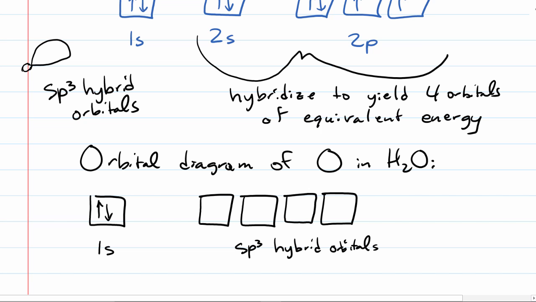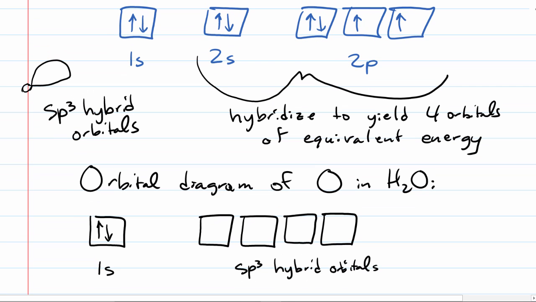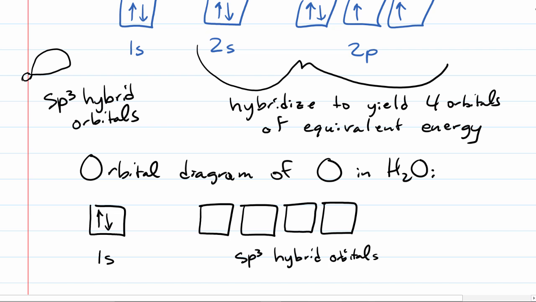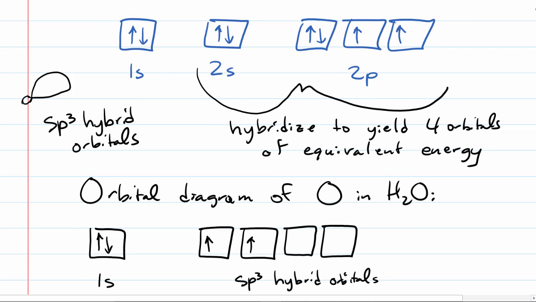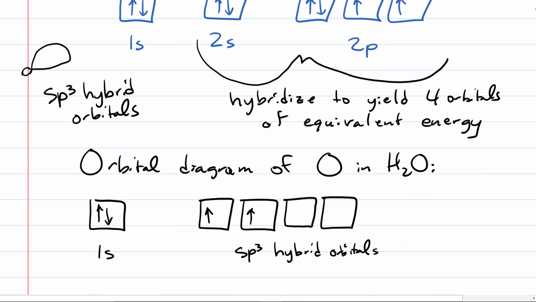But now, if we want to show what happens in oxygen, we're going to show 1. Remember now, oxygen has how many valence electrons? It has 6. So we put in 1, 2, 3, 4, 5, 6. Just like this. And now, these 2 pairs represent the lone pairs.